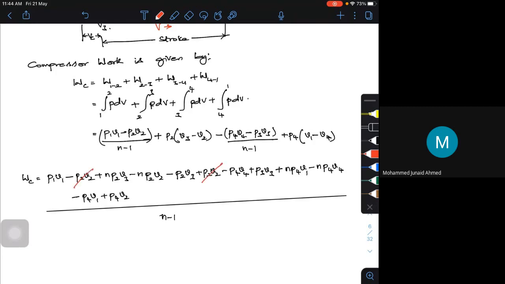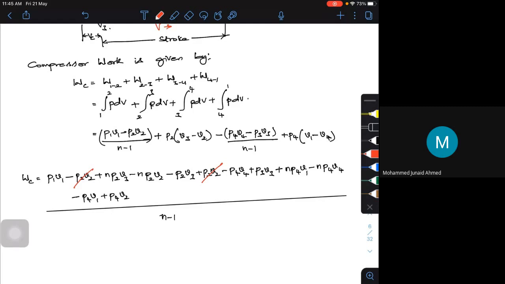Then instead of P4, I can say P4 is equal to P1.